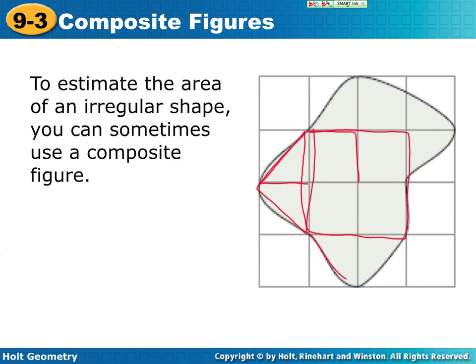This is another big triangle. This is another. Can we just make it a triangle? Oh, we can make that a trapezoid. Make that a triangle.